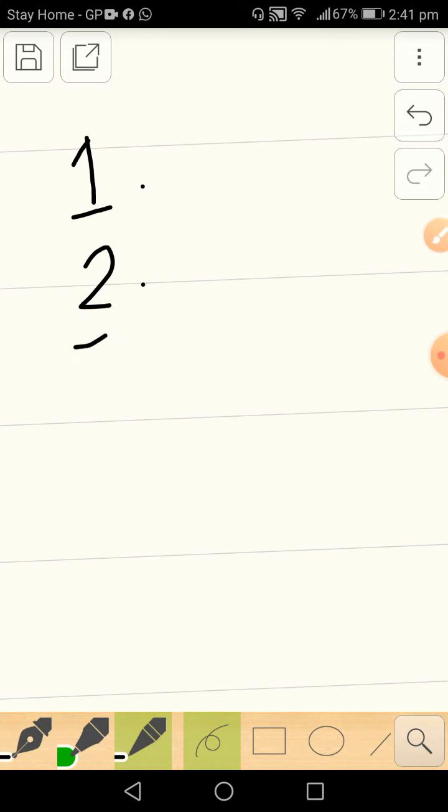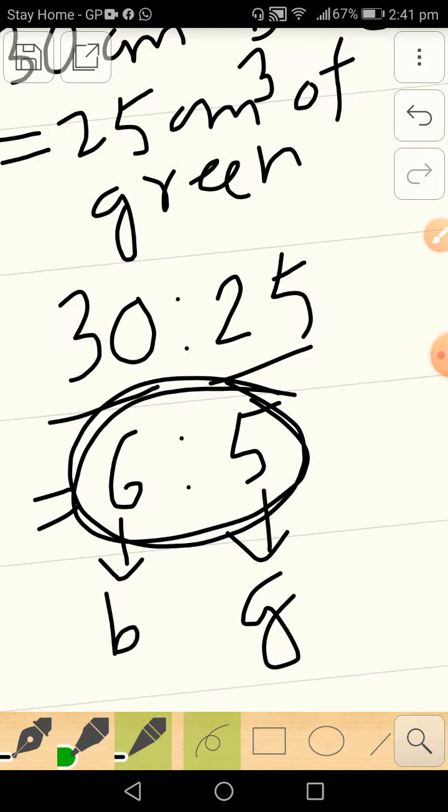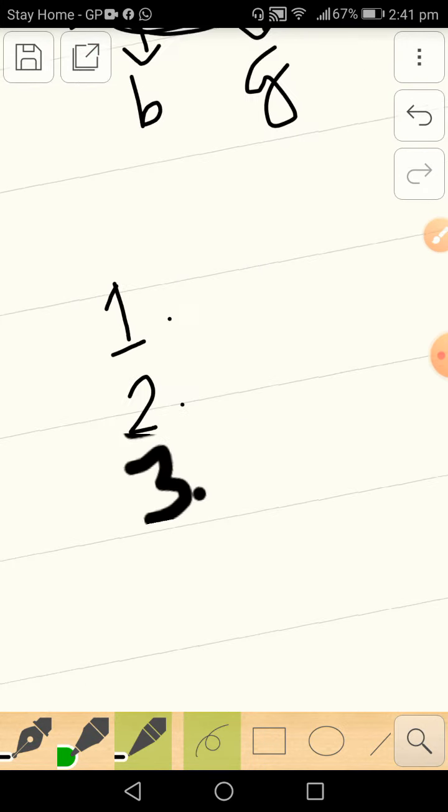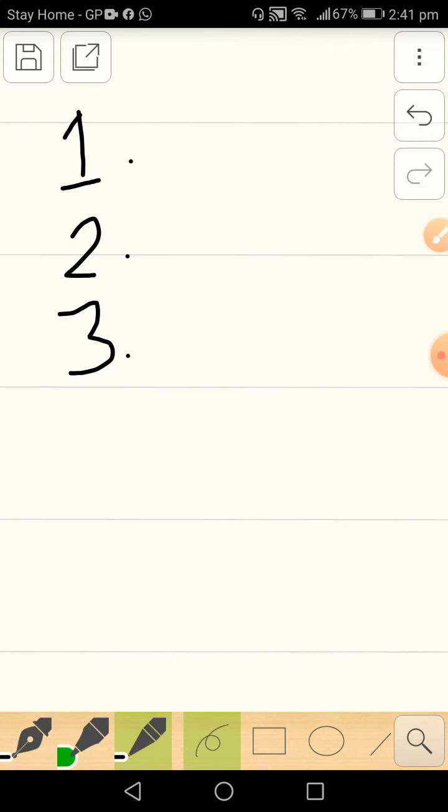Number 3, continue adding a second solution. The second solution in this case is the green, and the first solution is the blue. Continue adding the second solution into the first solution until the color of the indicator just changes.